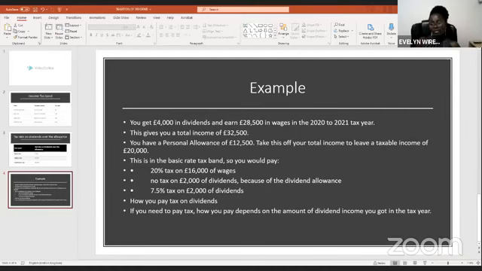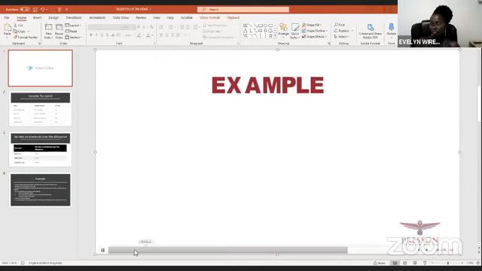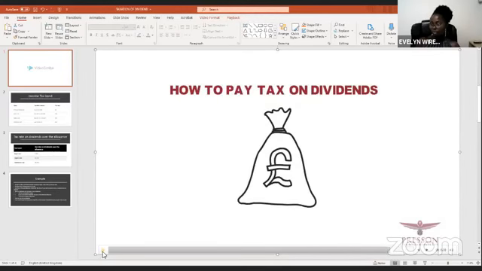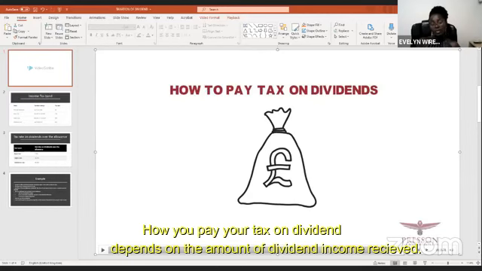Now we want to look at how you pay your tax on dividend. If you need to pay tax on dividend, it will depend on the amount of dividend income you got in a tax year.